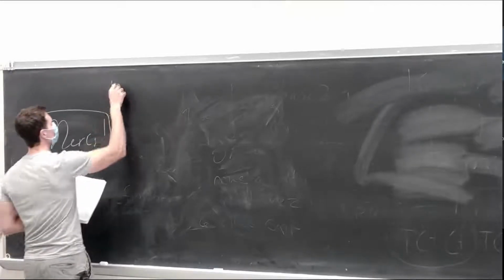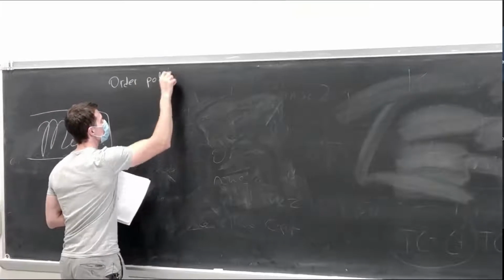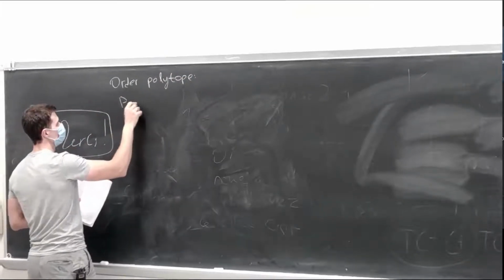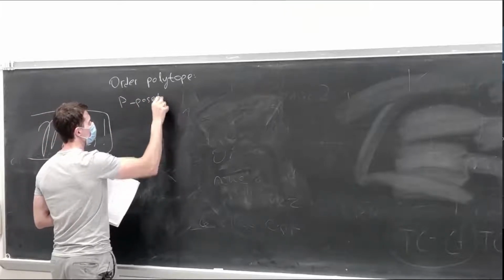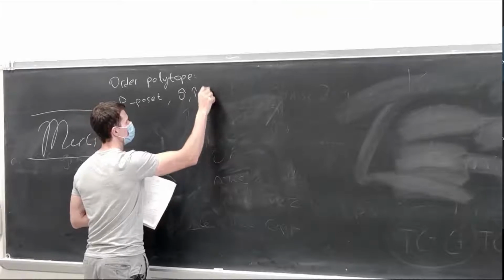So remember, we had these order polytopes. You start with a poset P, which has a minimum and a maximum element.